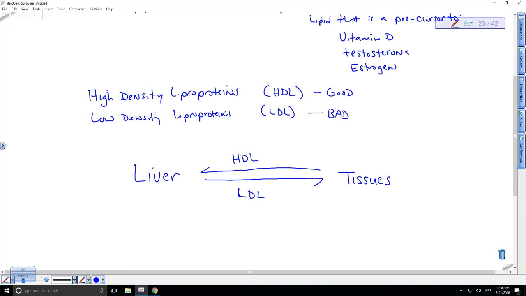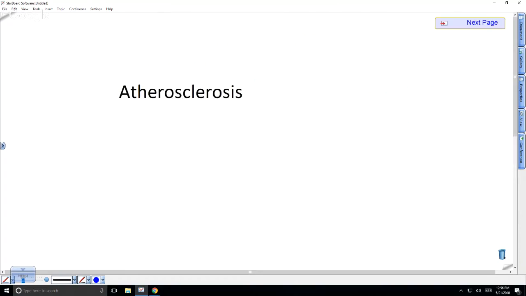Okay. So when we look at what this could lead to, we have a disease that is called atherosclerosis. This is where we get plaque buildup. It's not the same type of plaque buildup as your teeth, but you have a plaque buildup in the walls of the arteries.